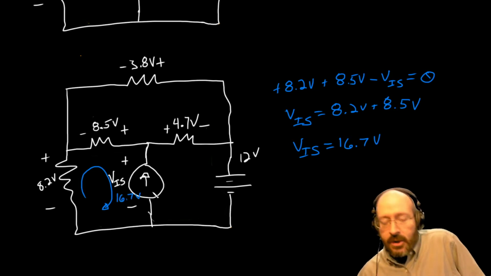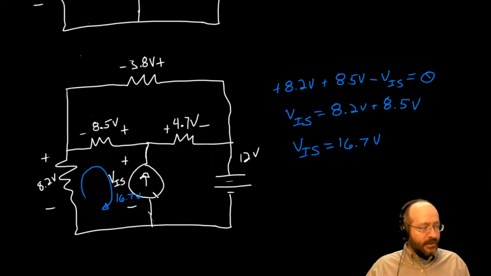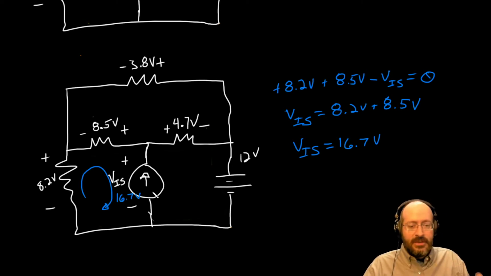Now, if I did that correctly and followed all the rules in my initial analysis to set up the voltages, and it's a legitimate set of voltages around here, they should all agree. No matter what loop you take, they should all agree, and we should see that we get 16.7 volts no matter which path we take.